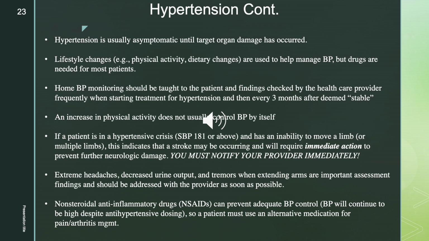NSAIDs, they can prevent adequate blood pressure control. So you will have to figure out what to do as an alternative method for pain management or arthritis management, because NSAIDs are no-nos when you're dealing with this. You have to stay away from them. And a lot of times you will have hypertensive dosing and they will keep increasing it.